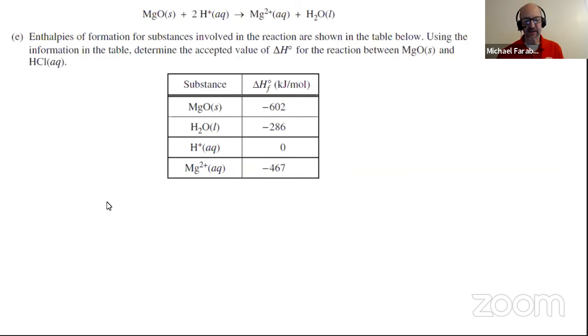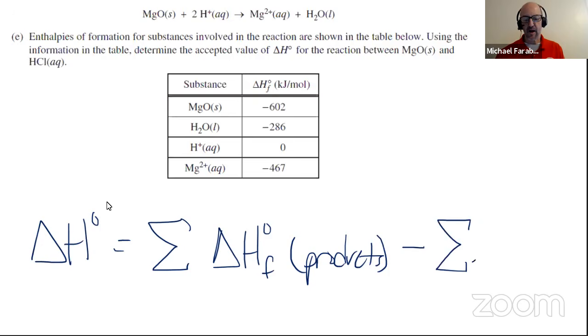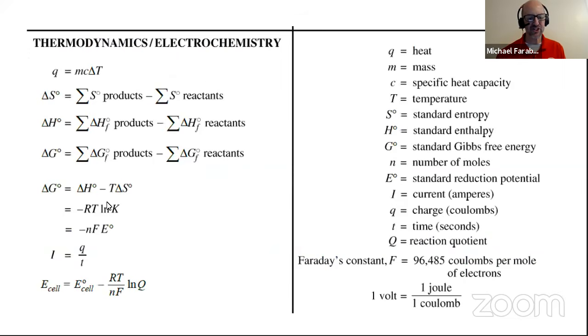I'll be talking about an equation today in which the delta H is determined from the sum of the delta H of formation for the products minus the sum of the delta H of formation values for the reactants. See if I can squeeze that in there. Okay, so that equation, by the way, is on the equation sheet that you can use for the AP exam.